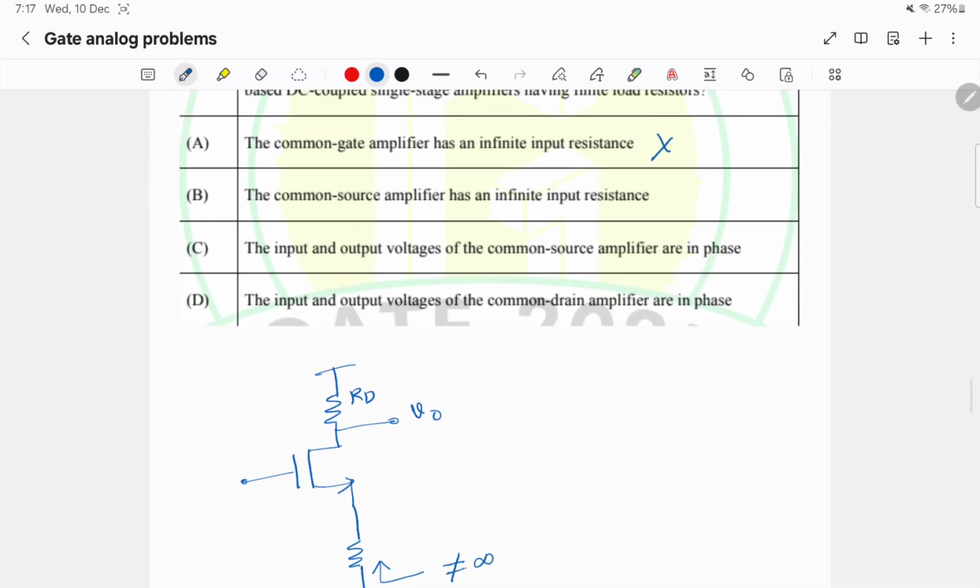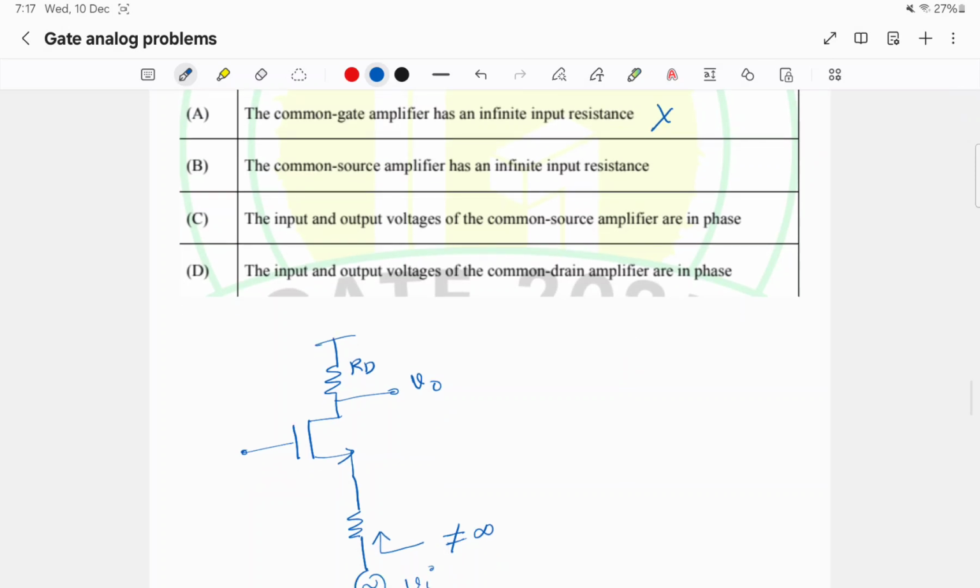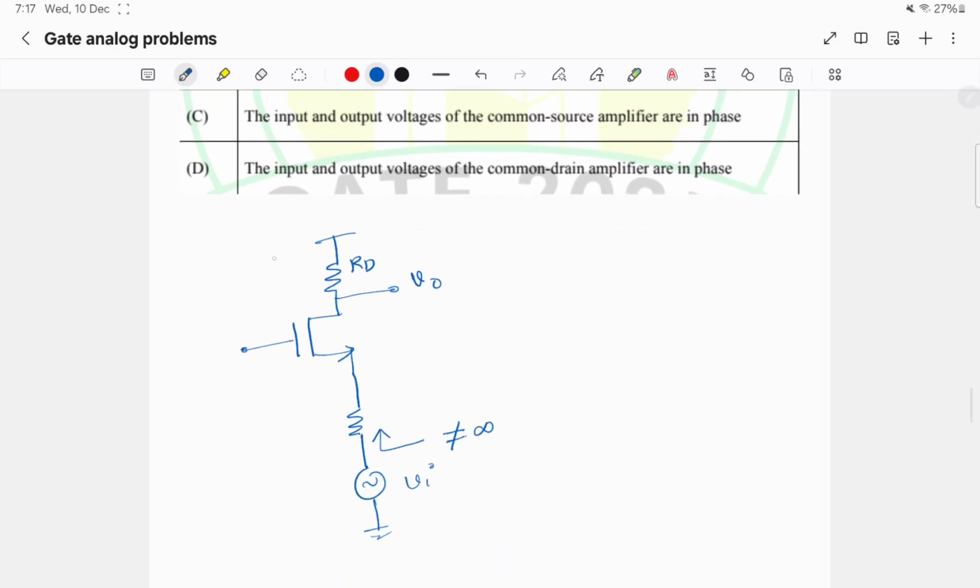The common source amplifier has infinite input resistance. CS amplifier has input at gate and output at drain.